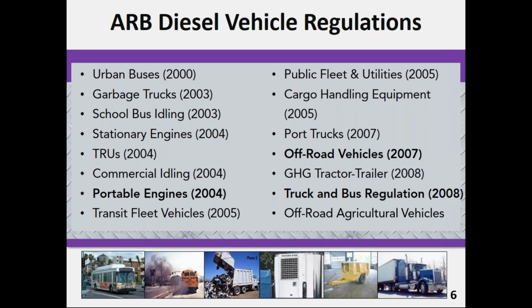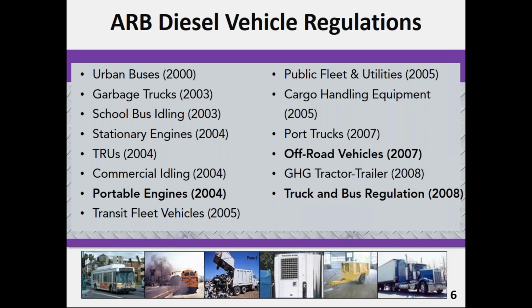And each of those regulations has its own process and was promulgated at a different time. So you can see kind of the timeline here. These are not all of the regulations, just some of the regulations that have been passed, but this does happen to be a majority. One of these is actually going to fall off, and that's the off-road agricultural regulation.